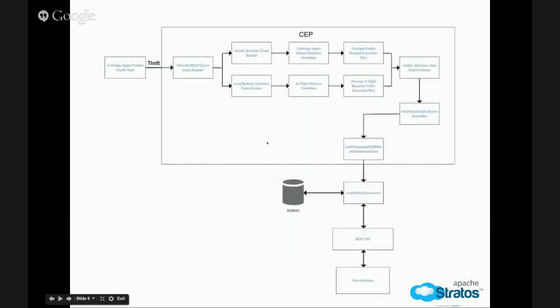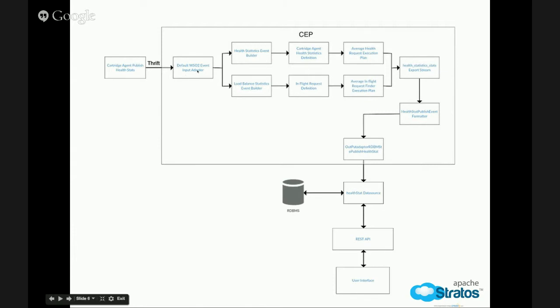Now I'll describe how the event flows from the cartridge agent to the health statistics UI. First, the cartridge agent publishes the health statistics to the CEP through the thrift protocol. In the CEP, the default WSO2 event adapter will receive the health statistics data.